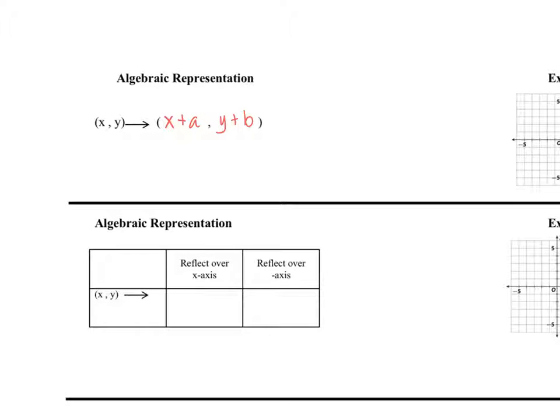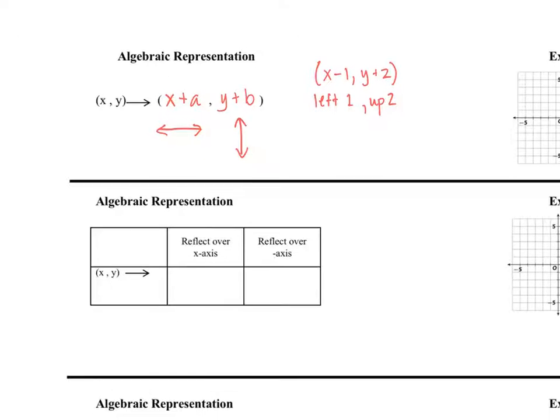So the x plus a is going to tell us where it's going left or right, and then the y plus b is going to tell us where it's going up or down. So as a little bit of practice here, you could write down something like if we had x minus 1 comma y plus 2, this means left 1 and up 2.